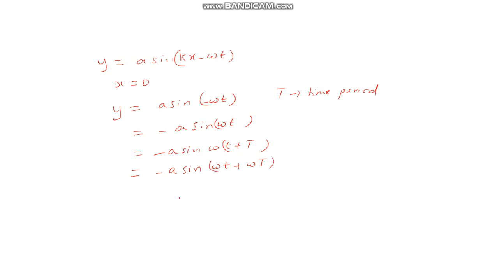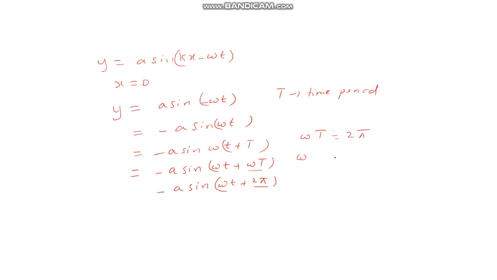Can we compare this equation with minus a sine omega t plus 2 pi? Essentially we are saying the same thing in a different way. We are saying that the displacement function y is not changing after one full cycle, so this term must be equal to this term. So omega T is equal to 2 pi by comparing.